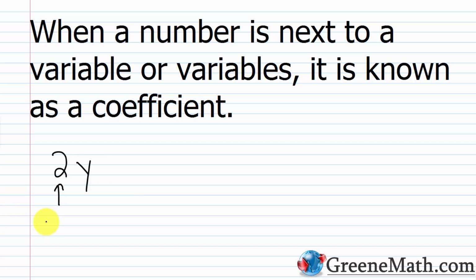It's known as a coefficient. 2 is the coefficient of y. If I had, let's say, 4x squared z, 4 is the coefficient, right? It's the number that's multiplying the variable, or again, variables if you have more than one. So this is, again, a coefficient.